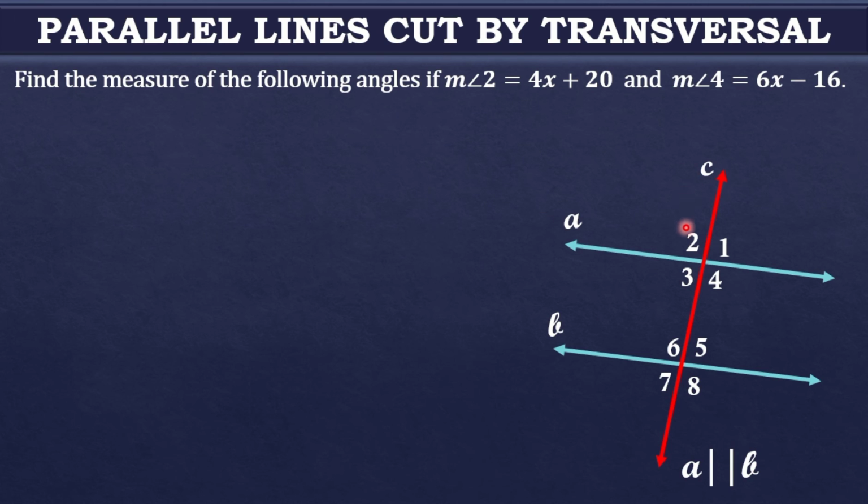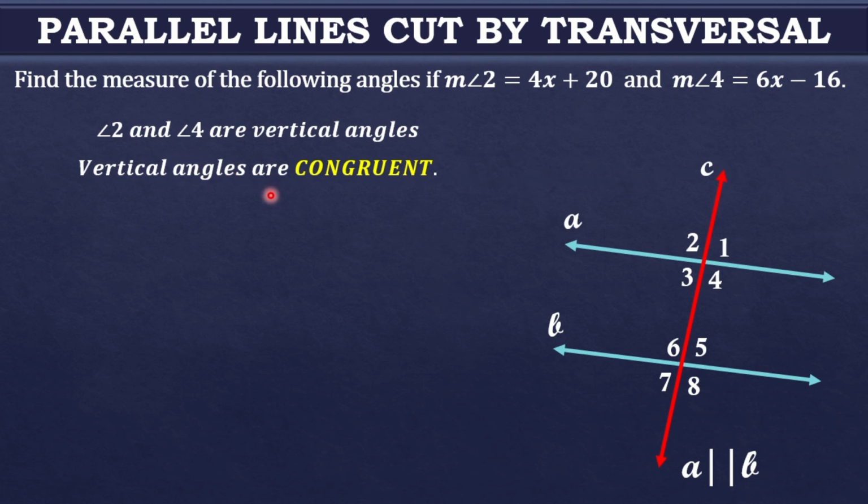So, si angle 2 at si angle 4 are vertical angles. Right? So, kung vertical angles sila, if you can still recall the concept of vertical angles, they are always congruent. Okay? They are non-adjacent.